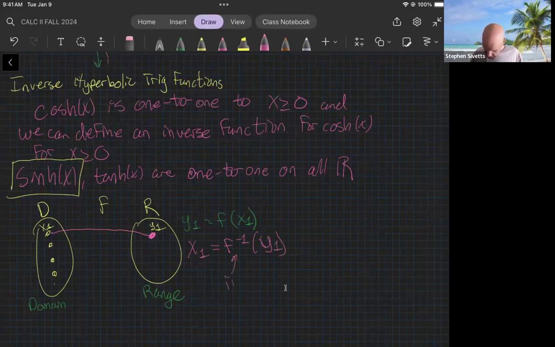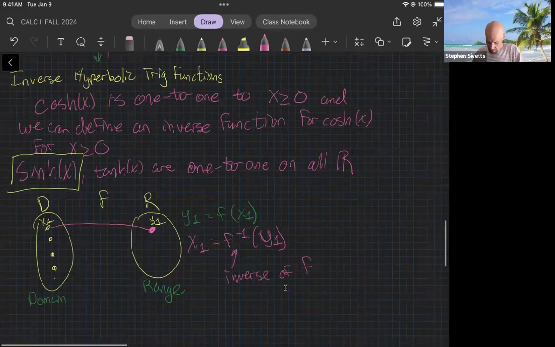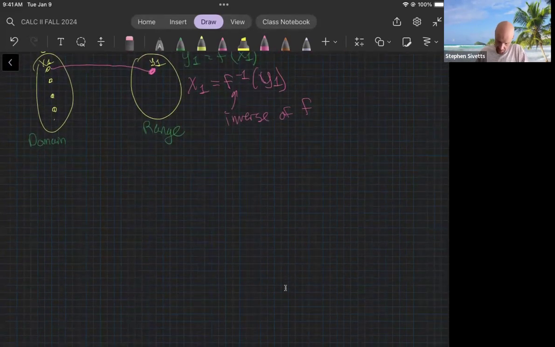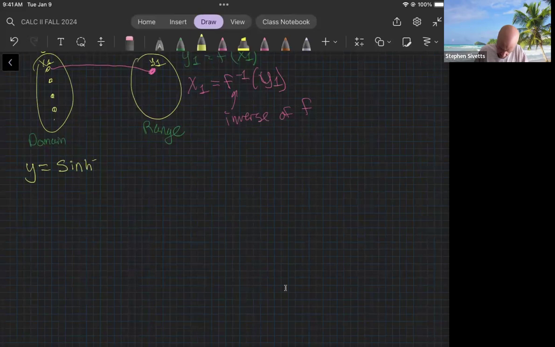This notation is the inverse of f, right? Okay. So that's just a review on inverse functions. So for inverse trig functions, if I call inverse sine of x is y, I'll say, right?